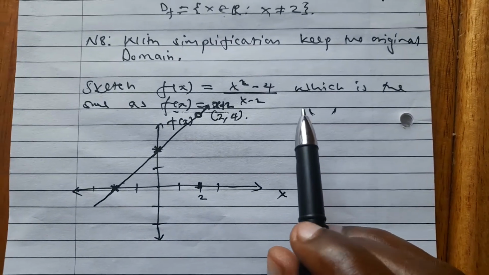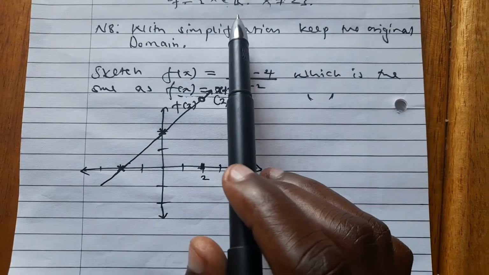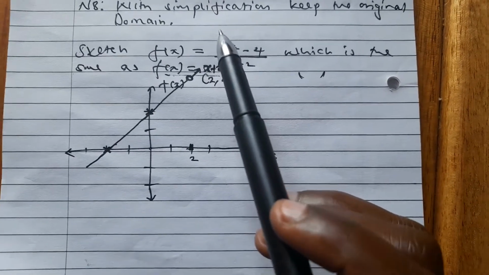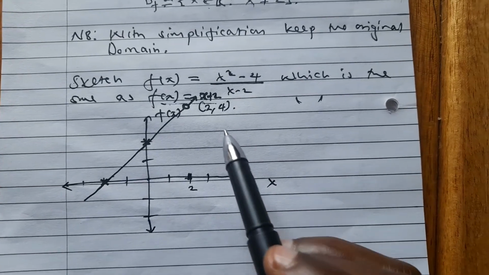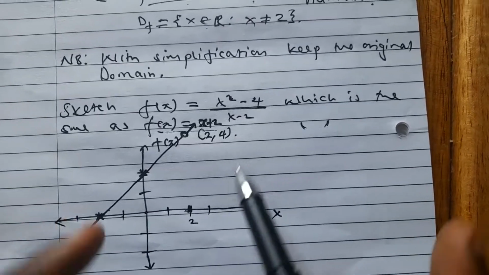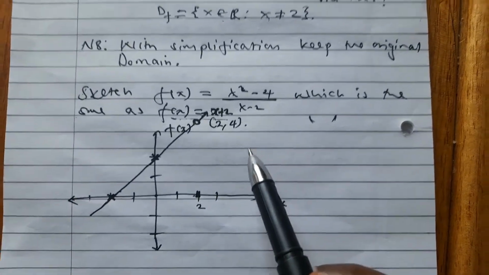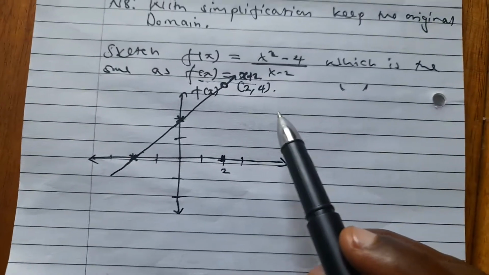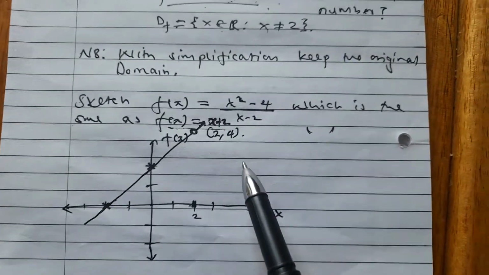So most important, when we simplify a function, we will always keep the original domain. And when we can simplify a function, it means that we can cancel out the domain problem, and therefore that particular function has a hole.